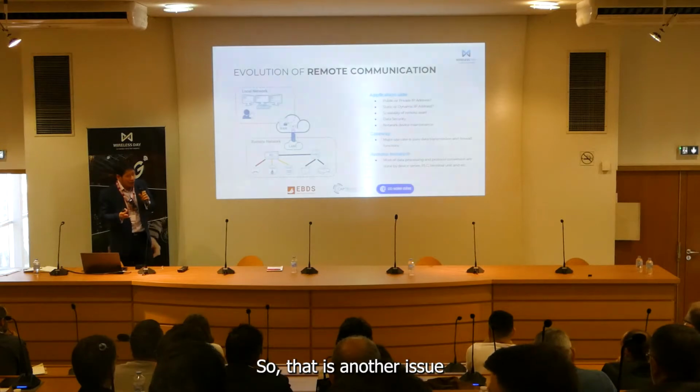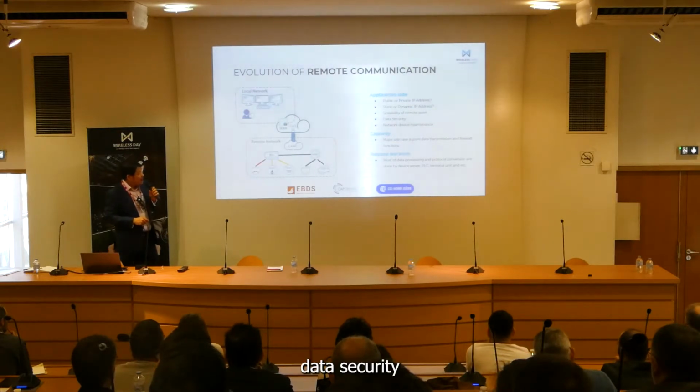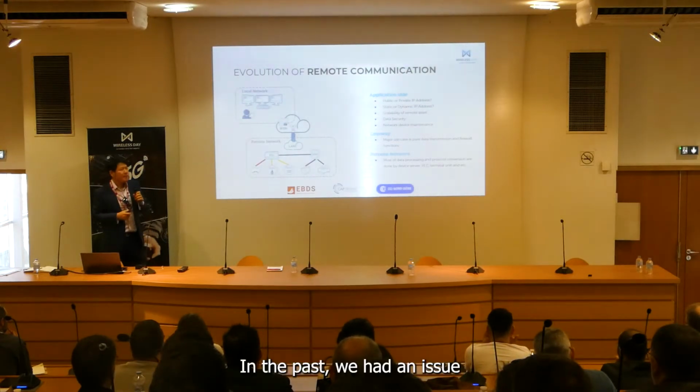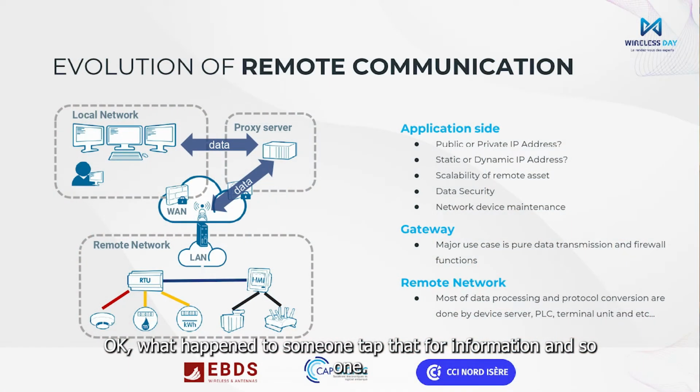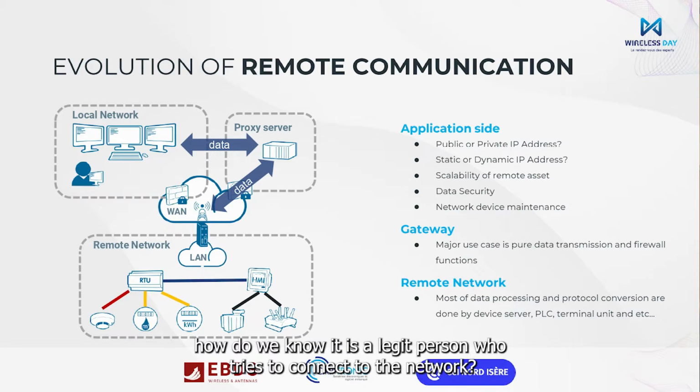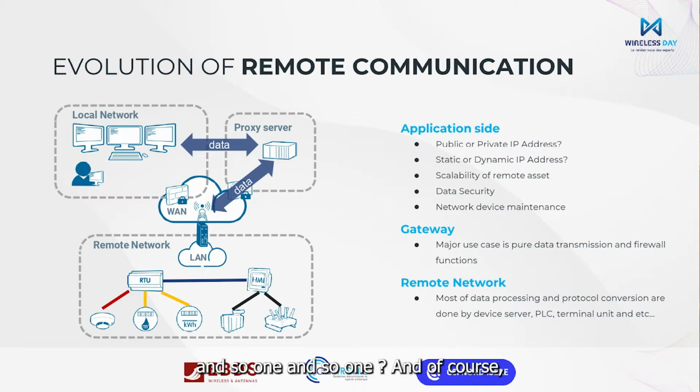So that's another issue: data security. In the past, we had the issue of what happens if someone taps the information, and how do we know this is a legitimate person who tried to connect to the network. And of course, sometimes issues happen.